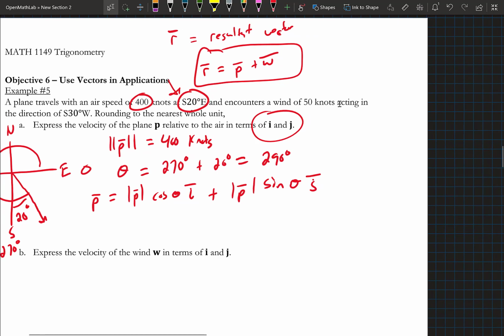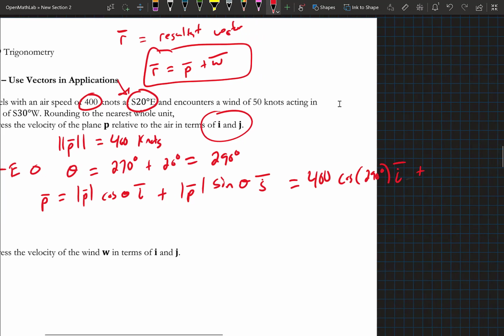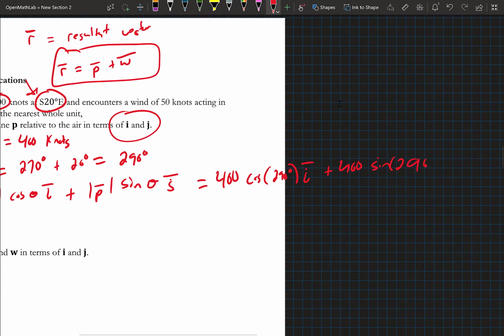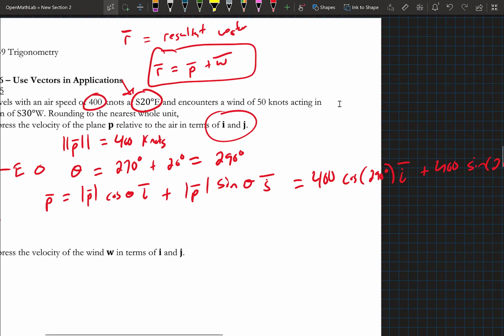Then I can just plug in the values that we have. So we'd have 400 times cosine of 290 degrees times i plus 400 times sine of 290 degrees times vector j.